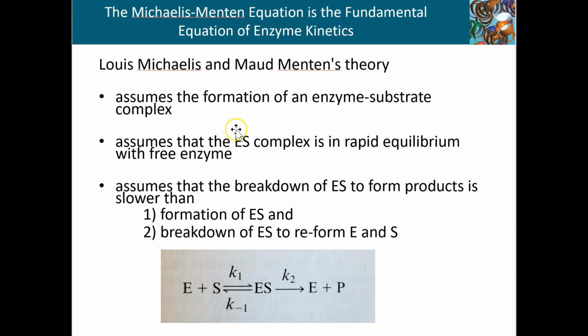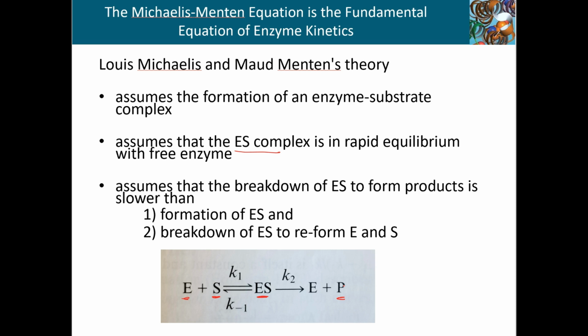This is the ES, enzyme-substrate complex. So the enzyme is E, the substrate is S, the enzyme-substrate complex is ES, and product formed is P. And we have multiple equilibria taking place in this.